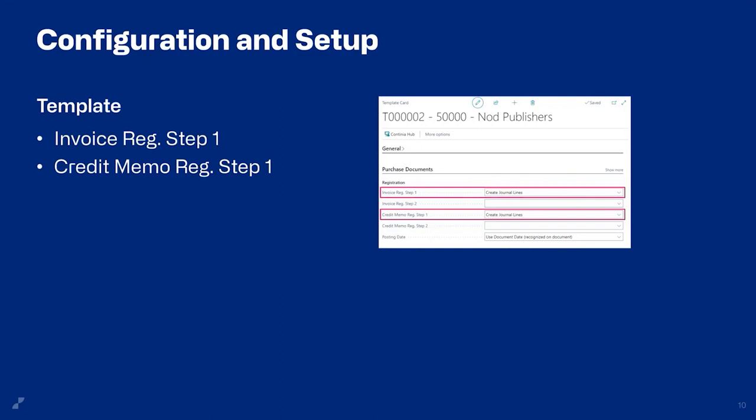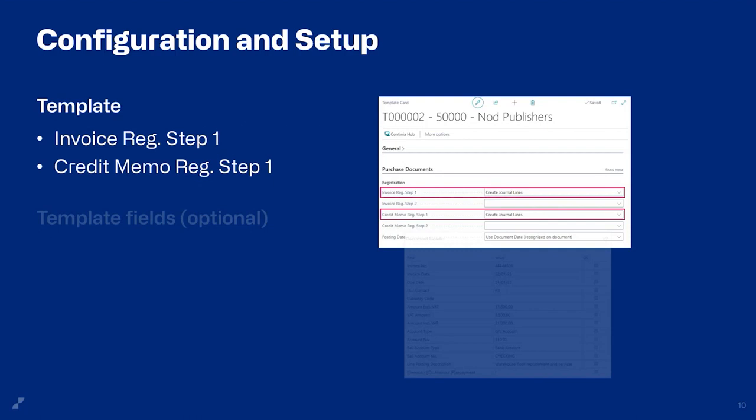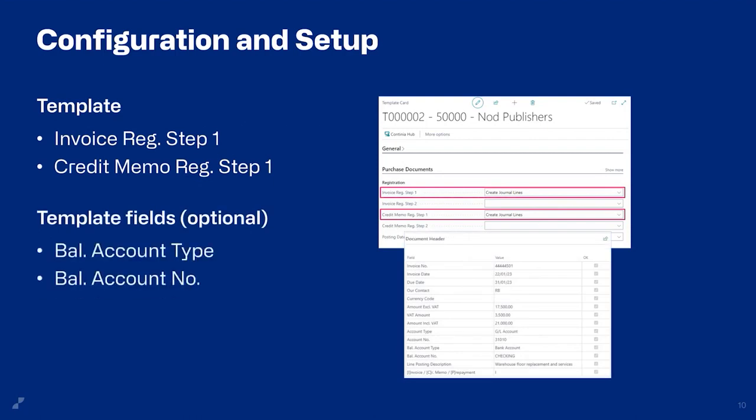This is the required configuration, but if you want to handle specific balancing accounts, you can do that easily by adding two header template fields. The example here is that I've chosen bank account as a balancing account and then the checking account for my bank.